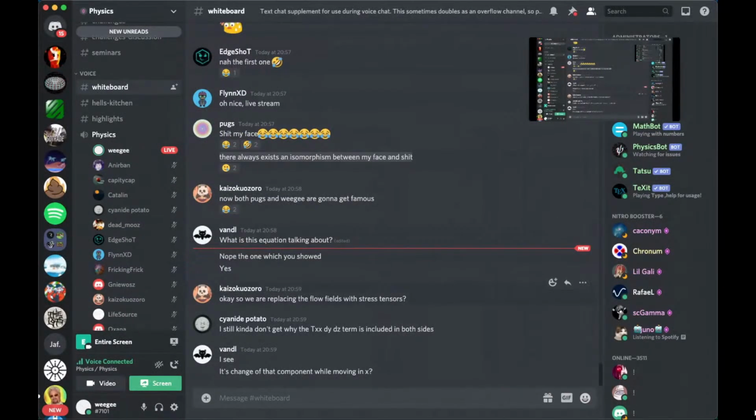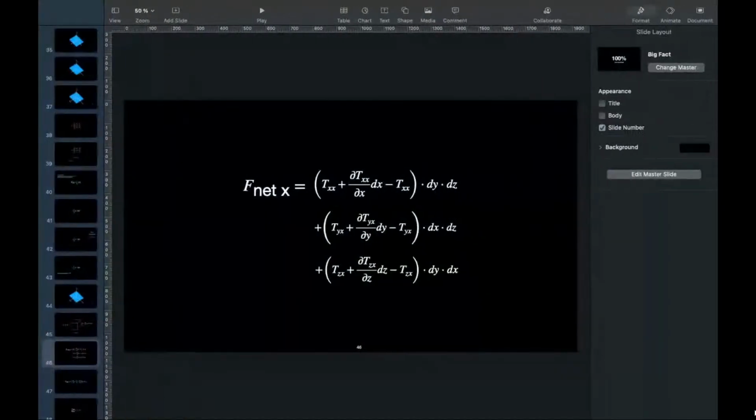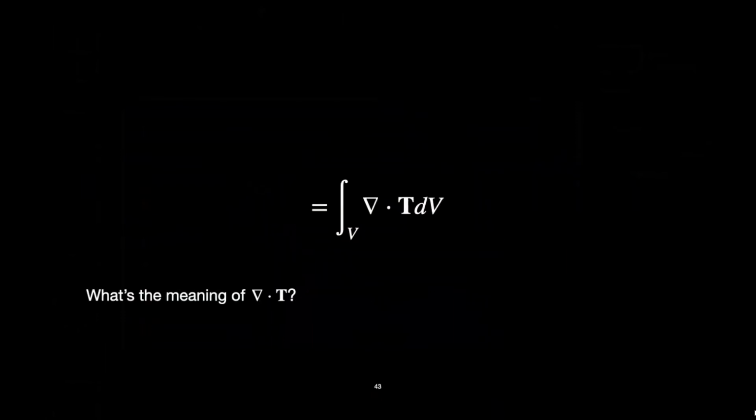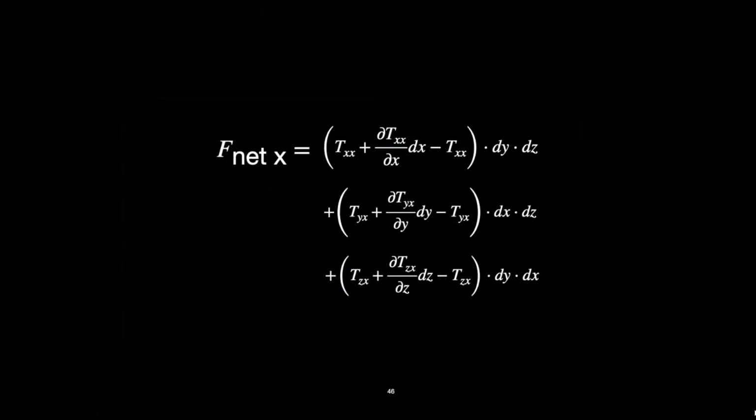That's what we did for a change in mass when we moved dx times forward. We learned that there are three vectors for a single face, so we're going to have three expressions for a single direction.